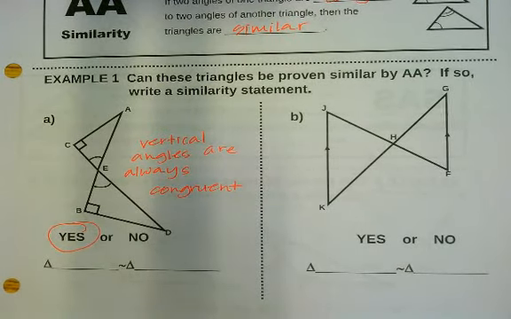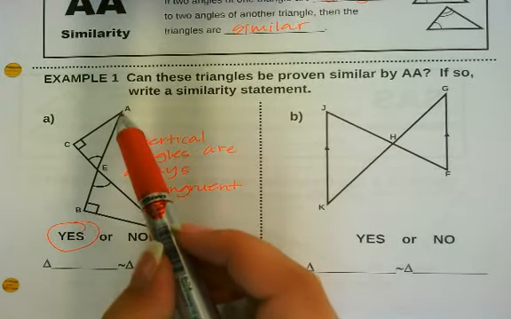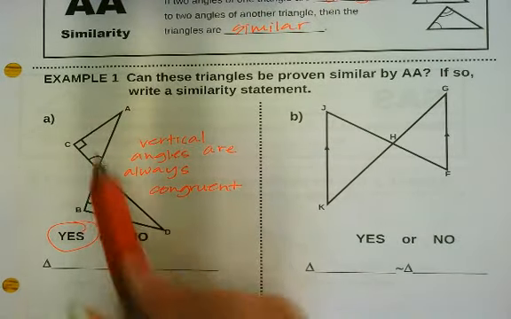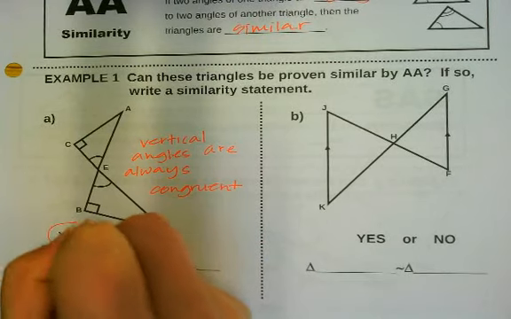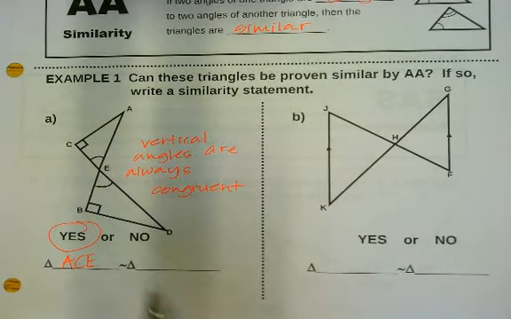Okay, we've gotten into the habit of just throwing our 3 points and naming our triangle in no specific order. And it's worked for us up until this point. Now order does matter because the way that you write it is how the angles correspond to one another. Okay, so if I write this first triangle, let's say ACE, then my second triangle has to be written in a specific order.